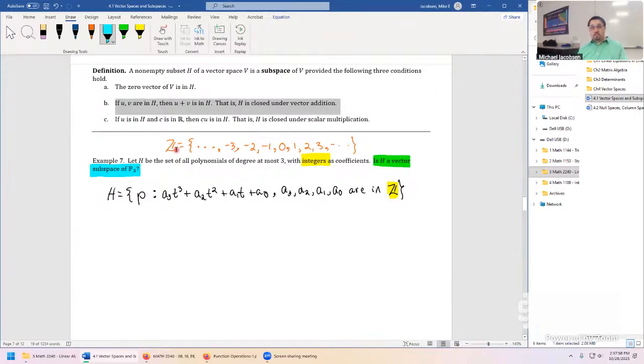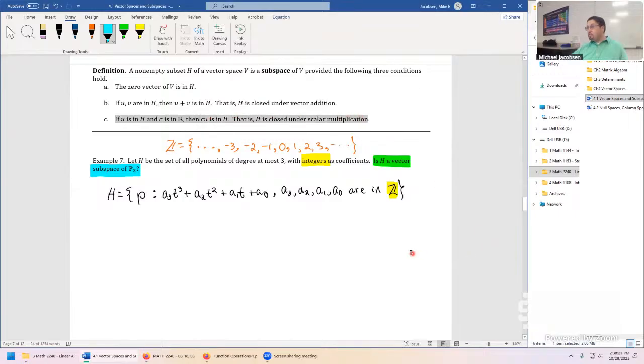And Z is a closed set. If you take integers and all you're working with is integers and you add them together, you get back an integer. You can't leave the set Z with the ordinary operations of plus, minus, and multiplication; division's an exception. By adding, subtracting, and multiplying, you still get integers. So part B does hold as well.